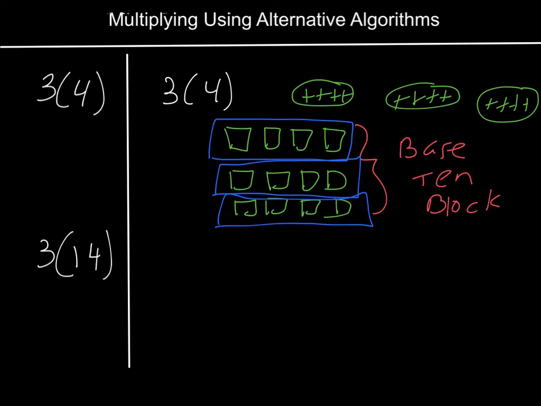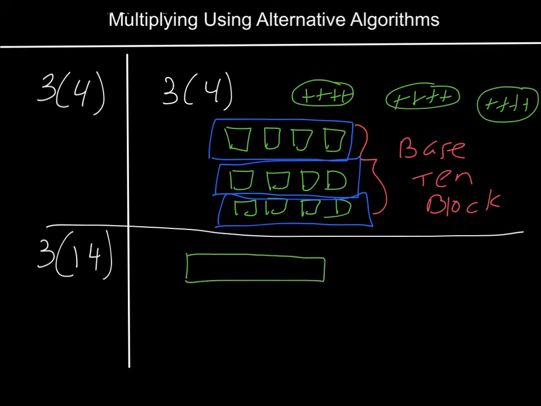So if we take that idea and we look at this next problem, which is 3 times 14, and we have this idea of the base 10 blocks, then what we would have is 1 long and then 4 units.